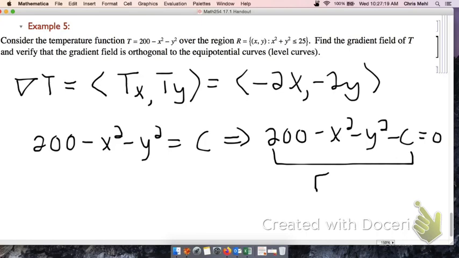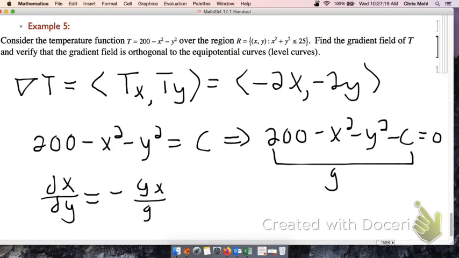If I call the function on the left g, then dy/dx, which would be the slope of a tangent line at any arbitrary point on a level curve, was minus gx over gy.